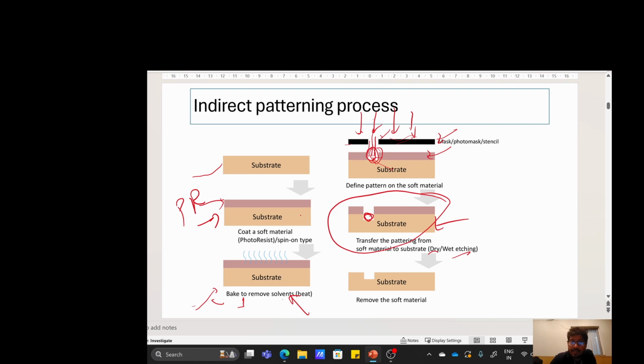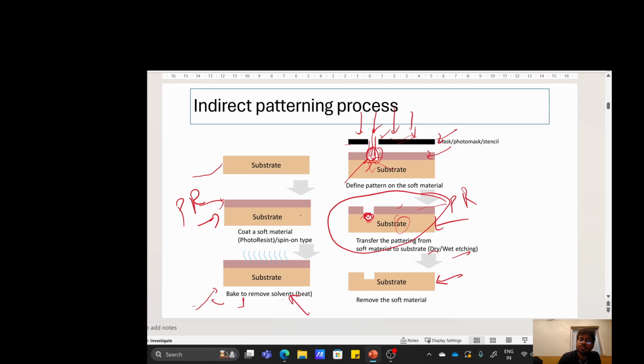So that will remove the photoresist. The photoresist will protect the layer underneath it, and this is exposed to the outer environment at this point, so that will get removed from here. This is the substrate.